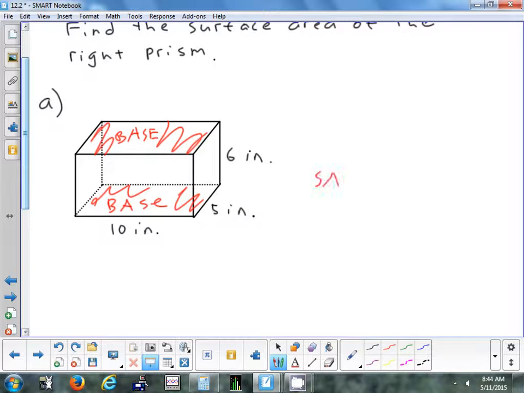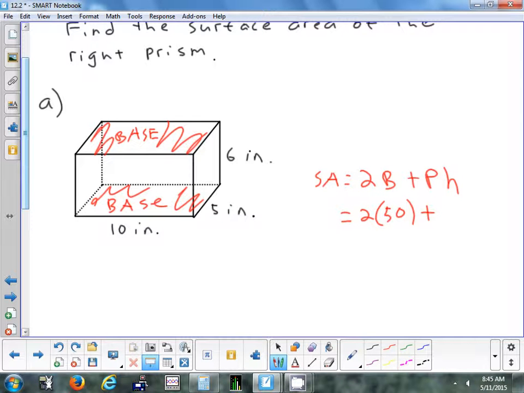So surface area, 2 times the area of the base, plus the perimeter of the base, times the height. Okay, Sarah, what's the area of my base here? Yep, that's the length of it. And that's the width, so what's the area? 50, good. Okay, so area of the base is 50.